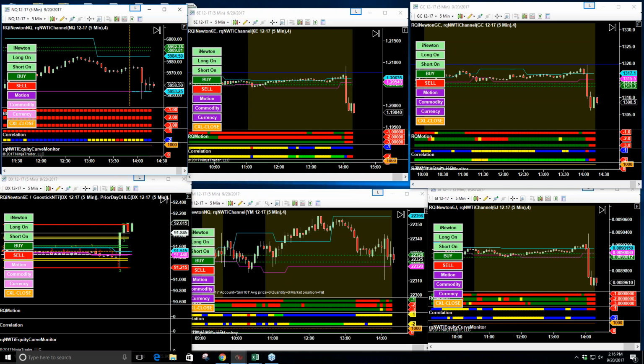We're getting more weakness in the foreign currencies, or better said, dollar strengthening again. But the bonds aren't really moving. It looks like they want to consolidate.